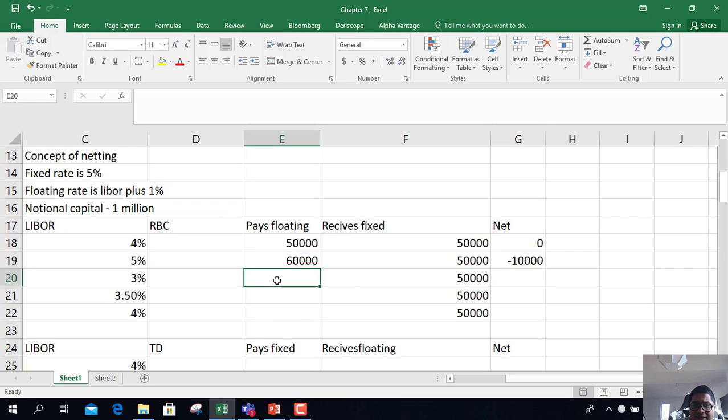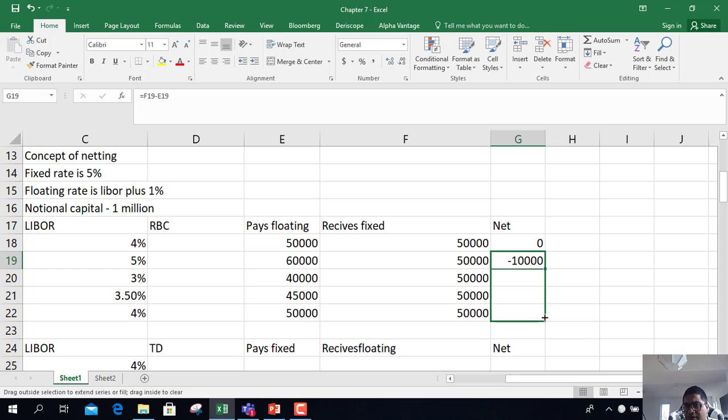If LIBOR is 3%, it's going to receive again 50,000 in the third year. It's going to pay 3% plus 1% into 1 million, 40,000. So net payments are positive 10,000. If the value is negative, you pay. If the value is positive, you get.